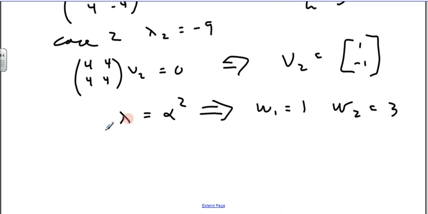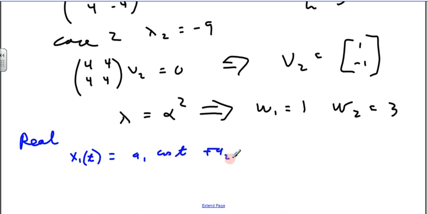And now I can just write down the answer. I have a real part, x1, is equal to a1 cosine t plus a2 sine t plus b1 cosine 3t plus b2 sine 3t.